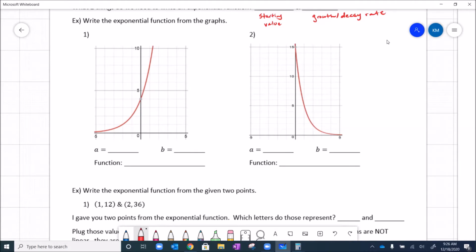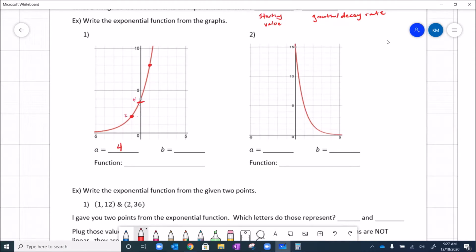Okay, we know that our starting value is our y-intercept. And so in this case, our starting value is 4. We can find our b value by saying where we go from there, or where we've come from. As we move from the right, we went from 2 to 4.